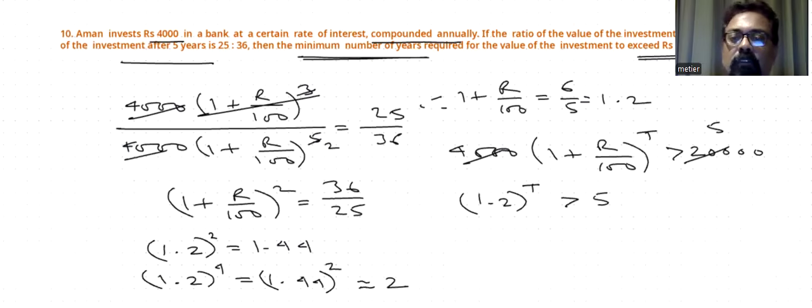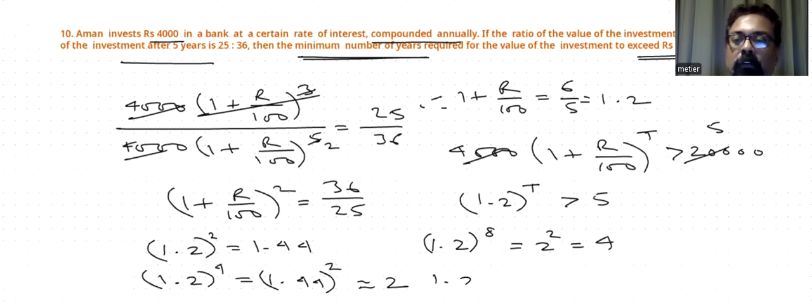Next, 1.2 whole to the power 8. It will be 2 square, so it will be 4. Then 1.2 to the power 9, as 4 is very close here. So we can go with 9.